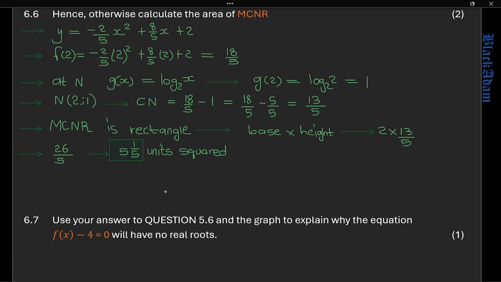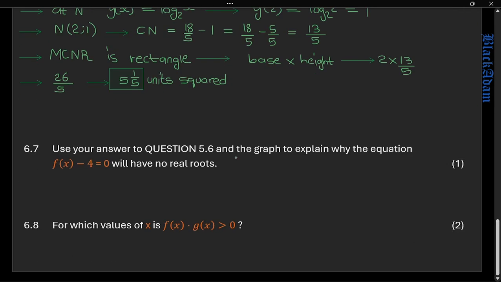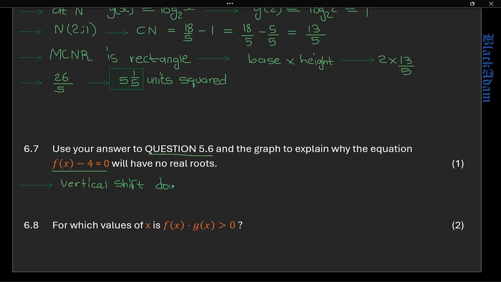Okay, and then we have the next question. It says, how can we explain that when we go 4 units down, we'll have no roots? Okay, so the reason would be a vertical shift downwards of 4 units. So downwards 4 units.